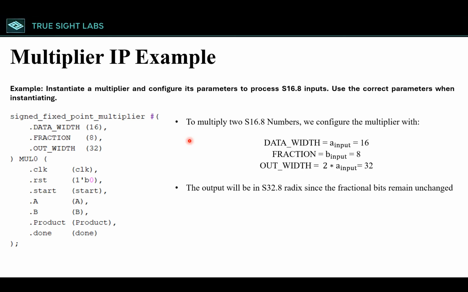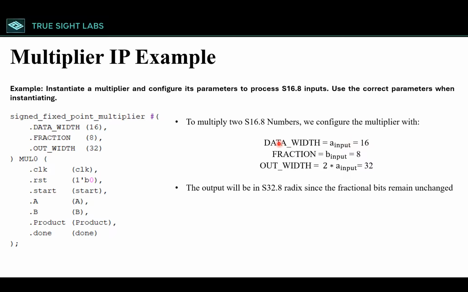So let's go over an example. Instantiate a multiplier and configure its parameters to process S16.8 inputs. Use the correct parameters when instantiating. If we want to multiply two S16.8 numbers with this IP core, we must configure the multiplier with the following rules.